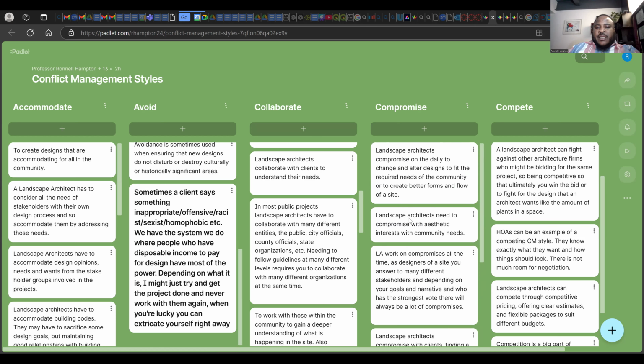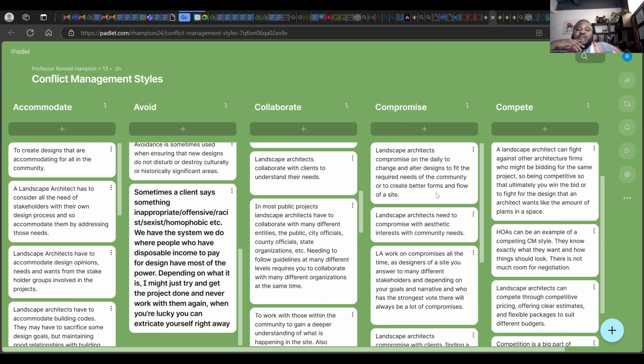So landscape architects compromise on a daily basis to change and alter designs to fit required needs of the community or to create better form and flow of the site. Yes, right. I like this idea of form and flow. When you're talking about flow of your site, how it's accessed, its proportionality or relationship to the parking or different infrastructure that you have on your site, whether it's a park or an area where folks are playing baseball, how are you designing your site in regards to flow?